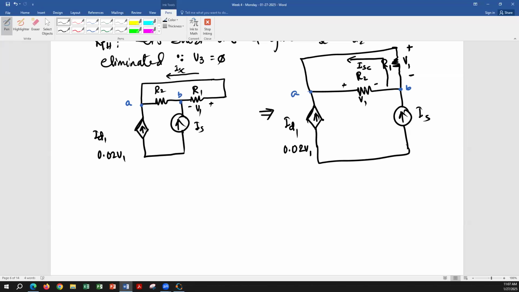V1 over R2, right? Negative. And V1 of course, is VA minus VB. That's your V1. So you want to apply KCL at node B and node A. Let's try.